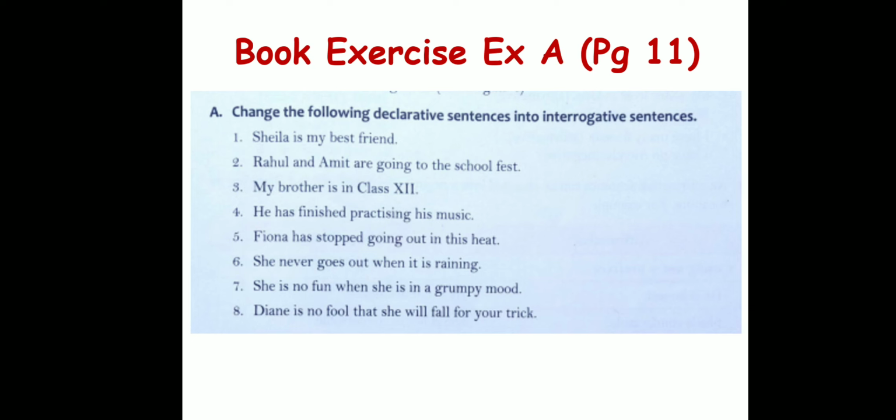So you can do it in a very simple way. Like if it is written Sheila is my best friend, you can just say, is Sheila my best friend? Like that. Okay, if you write isn't Sheila my best friend, even that is okay. Both your answers are going to be correct. So you can stick to the way that you find easier. I will say it is better to go with the simple thing that you have already done in class 4. You don't have to make it very complicated.